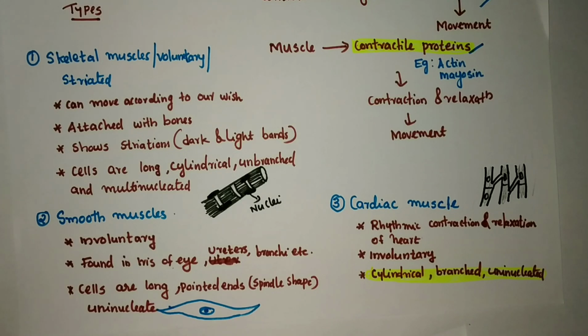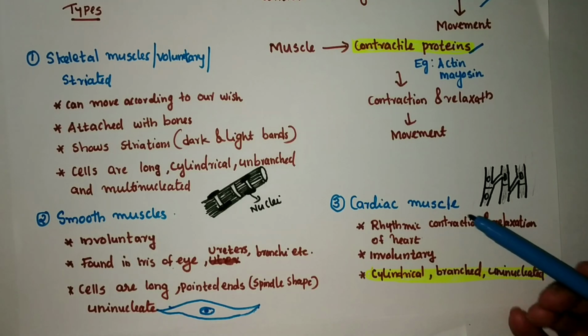We can't control these. Smooth muscles are found in the iris of the eye, ureters, bronchi, etc. Cells are elongated with pointed ends, or spindle shaped, and uninucleated. One cell consists of only a single nucleus. These are the characteristics of smooth muscles.